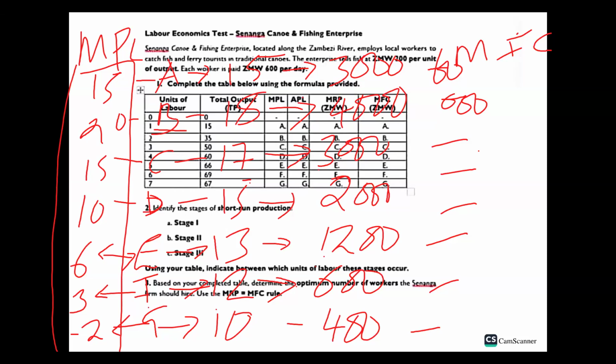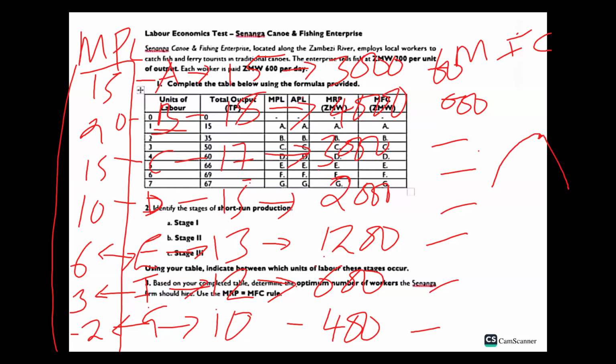Stages in the short run. When is the stage 1? So you can see that stage 1 is between 1 and 2, when this MPL is still increasing, it's 15 to 20. After 20, it starts falling down.